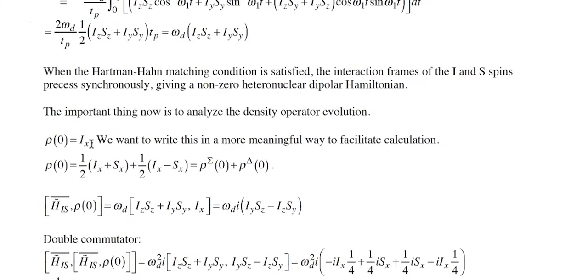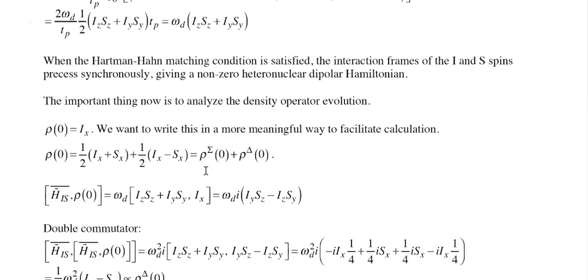So let's break down the Ix into a sum of two terms, Ix plus Sx and Ix minus Sx. This kind of decomposition is quite useful, and if one works through the fictitious spin 1/2 formalism, one can get a little fancier and see these things a little bit more, but I don't have to do that.